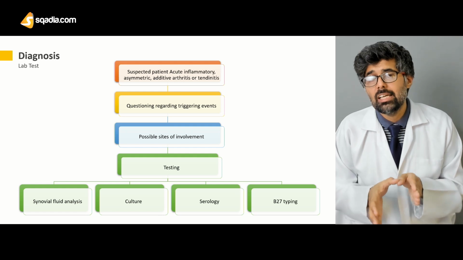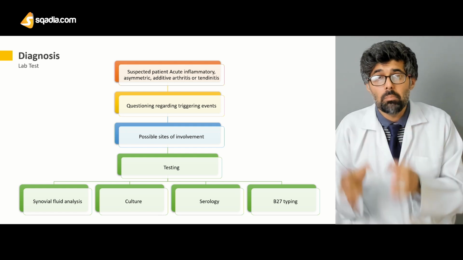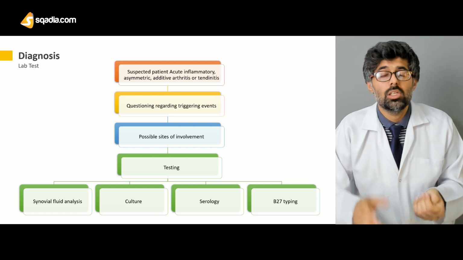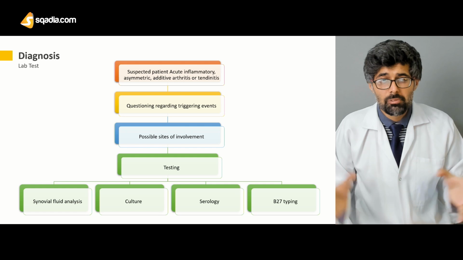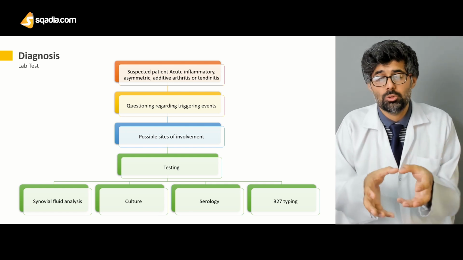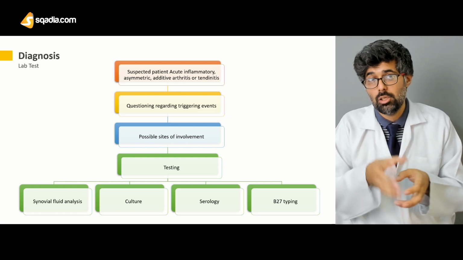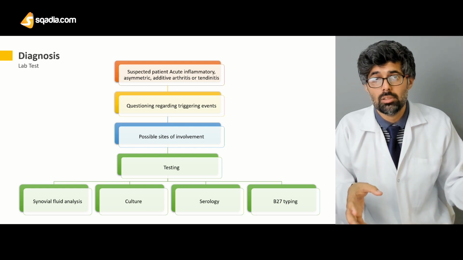So B27 HLA typing must be performed, because it is found more in males, in white males. There's a very strong epidemiological association of HLA designation B27 to reactive arthritis.